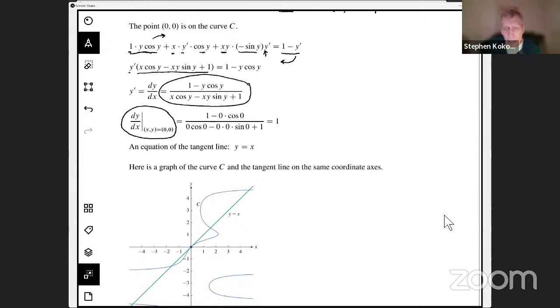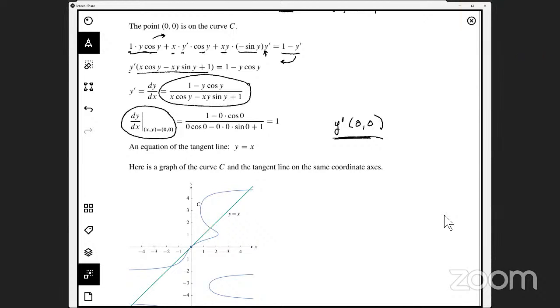Another way that we might write that, but I think we shy away from this a little bit, is y prime at (0, 0). When I write it like that, it kind of looks like a function of two variables, and in AP calculus, we really only deal with single variable functions.